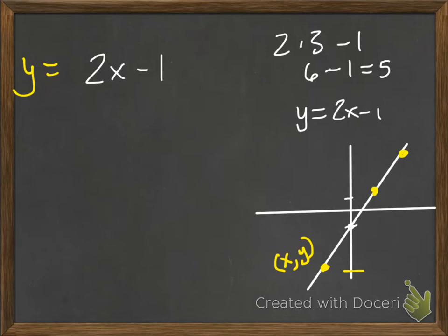This variable, which varies, changes, is really just a placeholder. This x in this equation just says, hey, we need to put a number in here, and if we do, our y is going to change. But what we're doing the math on is this 2x minus 1, and we don't know what we're going to multiply the 2 by. It could be anything, so we just write it as an x.